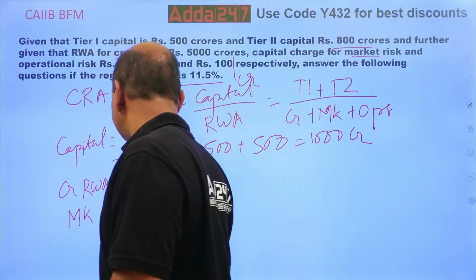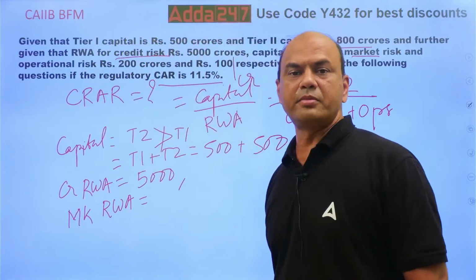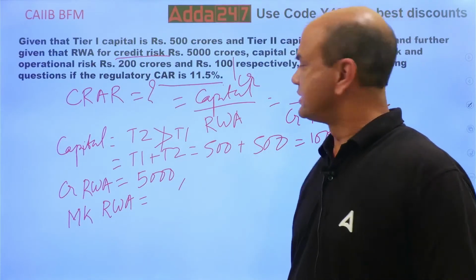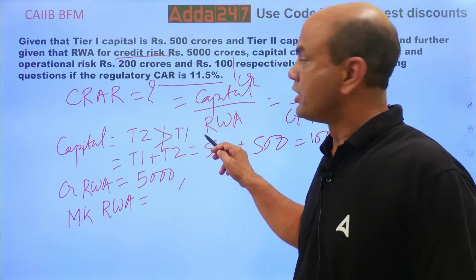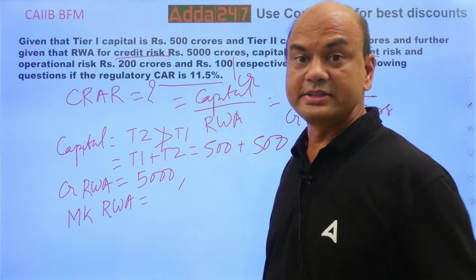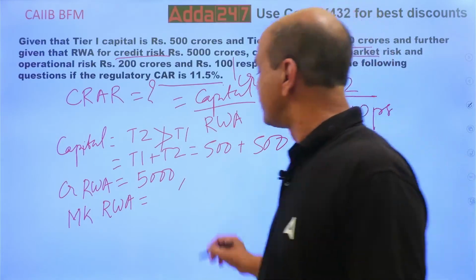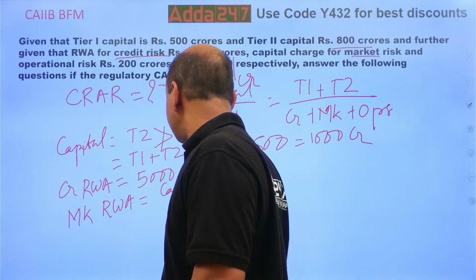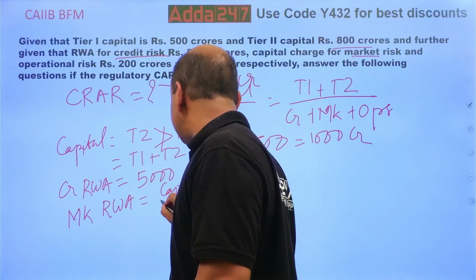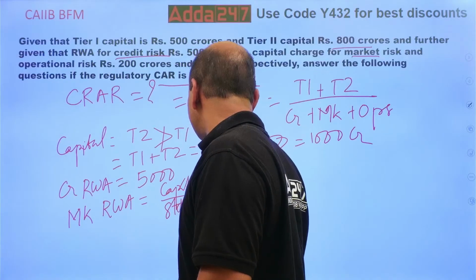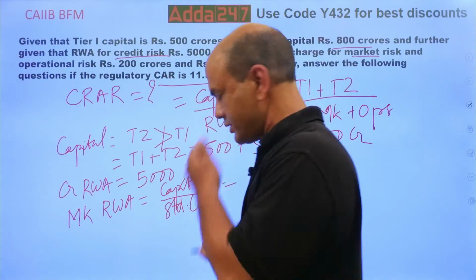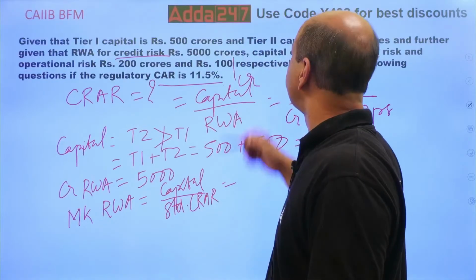Remember the formula. RWA for market risk is capital upon standard CRAR. Capital is given, and standard CRAR is given already: 11.5.